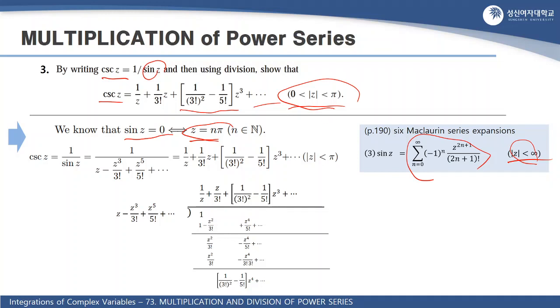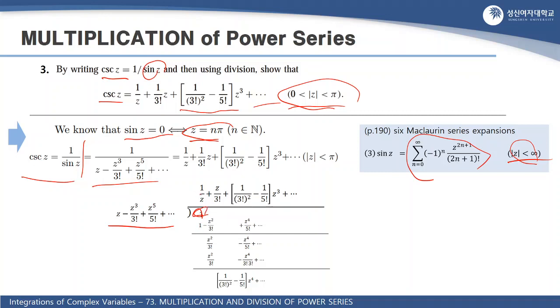And then we just do division. I mean that 1 over sine g here. Just write 1 here, and then this series on the left hand side. Then just arithmetic using this form. So first we write here 1.